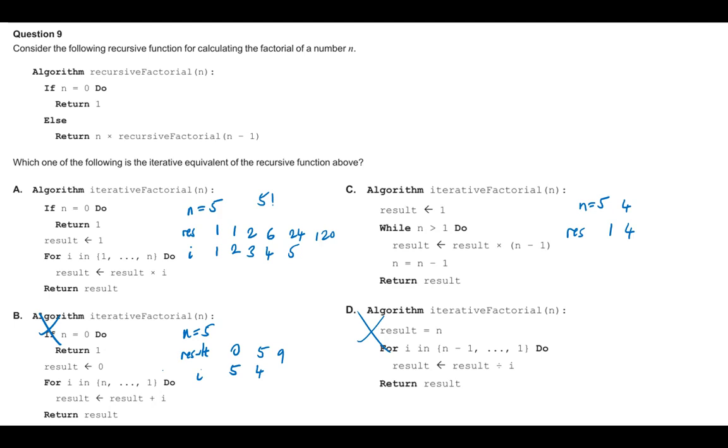Yes, it is. So we do 4 times 3, which is 12. We reduce n by 1. We do 12 times 2, which is 24. Yeah, we can see this isn't going to get to 120 as well. So the answer was A.